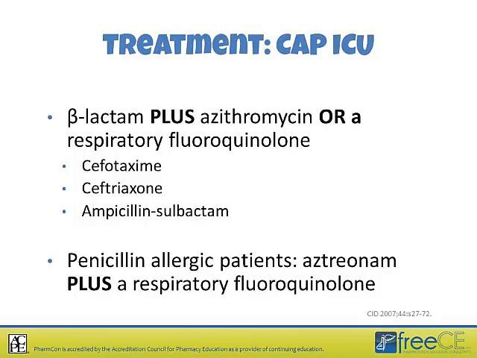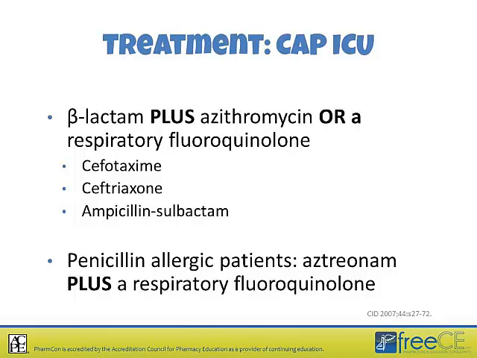Now, if we have somebody who has community-acquired pneumonia and they're so sick that they need to be treated in an intensive care unit, remember we talked about the major and minor criteria for severe community-acquired pneumonia really requiring ICU level care.